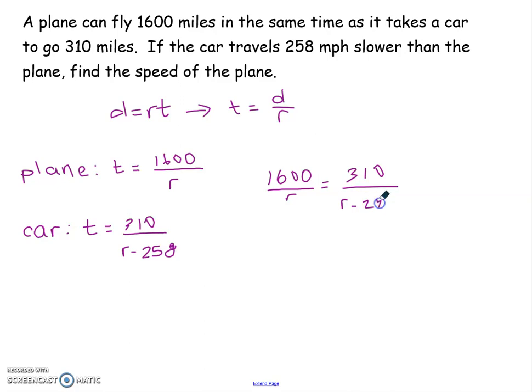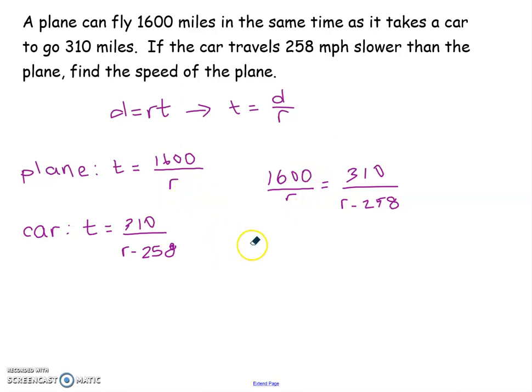Now, we can do this one of two ways. We can try to get that common denominator and multiply out by the common denominator. Because there's one fraction equal to another fraction, I think it would be easier to cross multiply. So that's what I'm going to do. But you can solve it different ways.